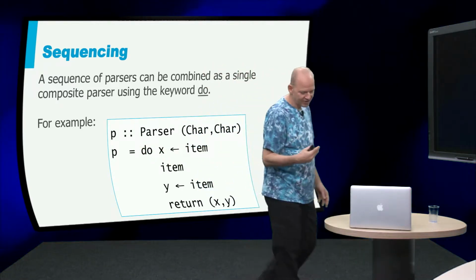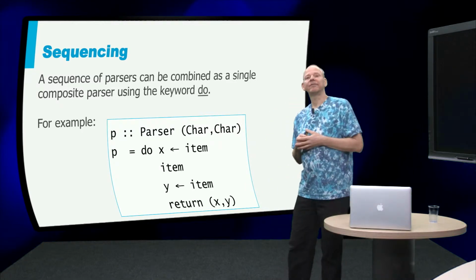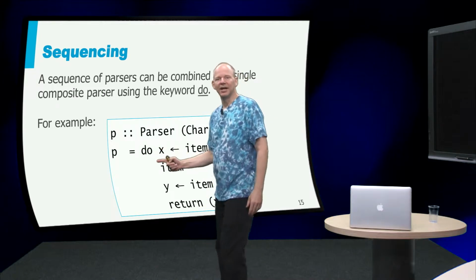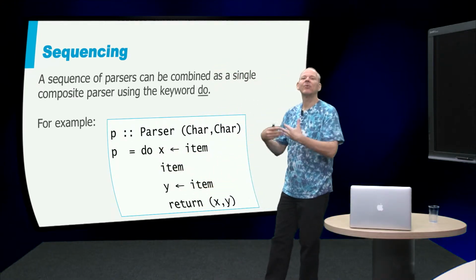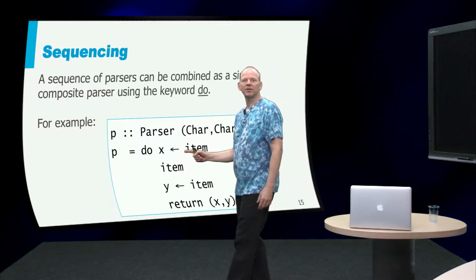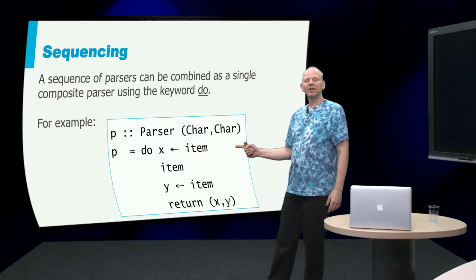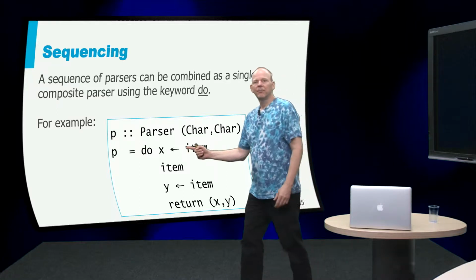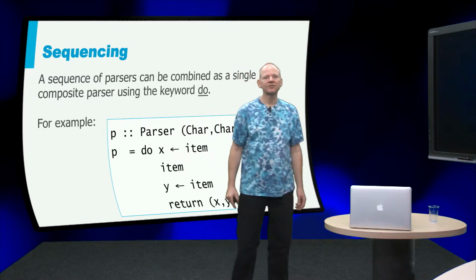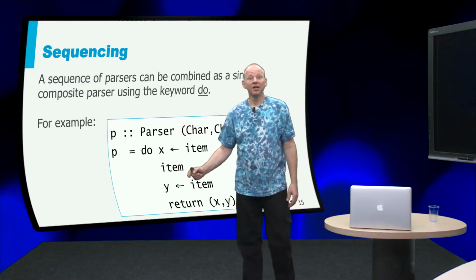And the do syntax, that's one of the advantages of having a monad, because now you can write code that makes this sequential composition clear. So here's what we want to write. We want to say, try to parse an item, call that X. Parse another item.